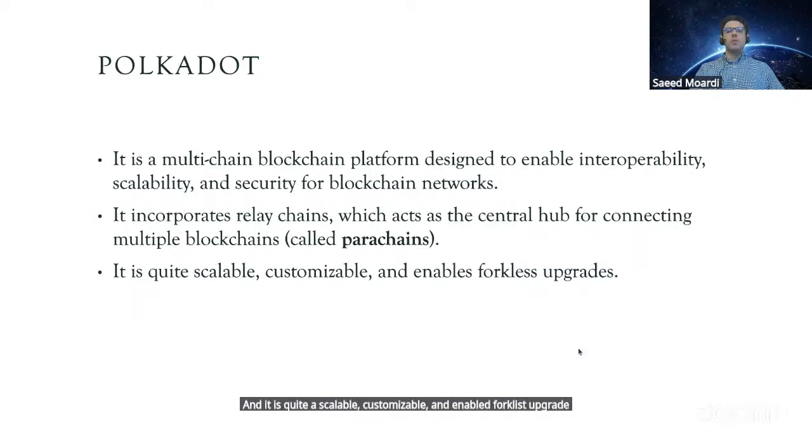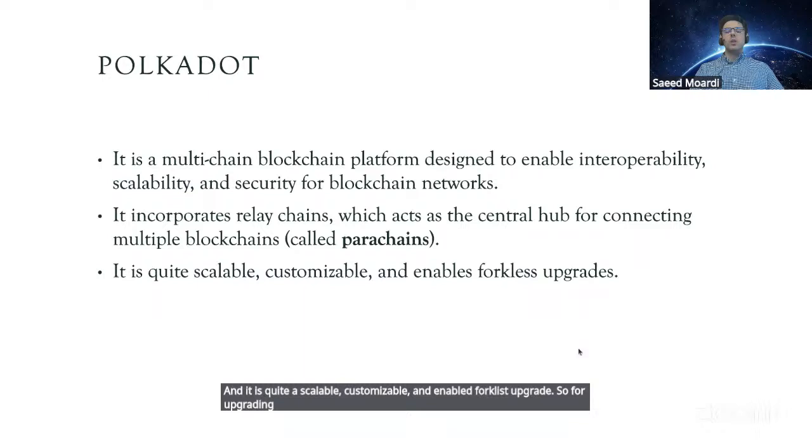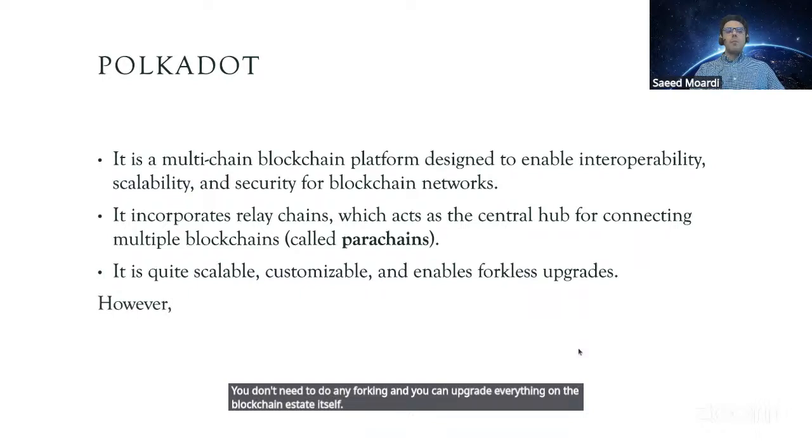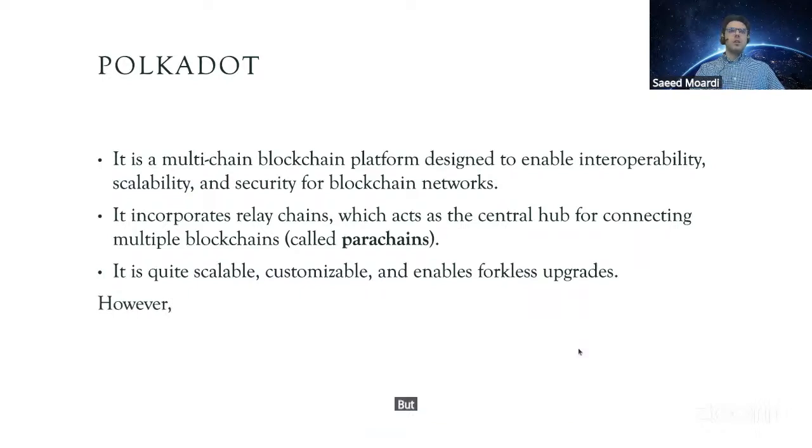So for upgrading, you don't need to fork from the original state of your blockchain and do all the changes in the fork version of your blockchain. You don't need to do any forking, and you can upgrade everything on the blockchain state itself. But the Polkadot system also has some problems.